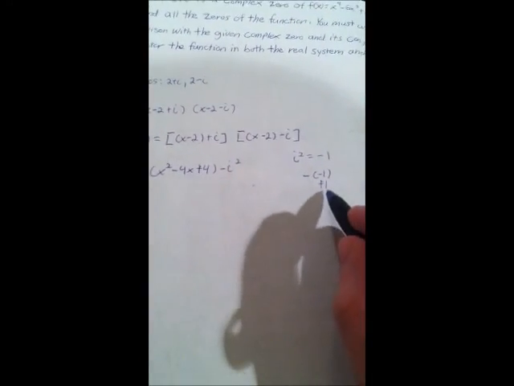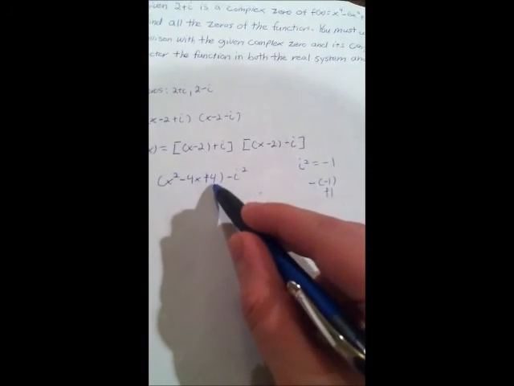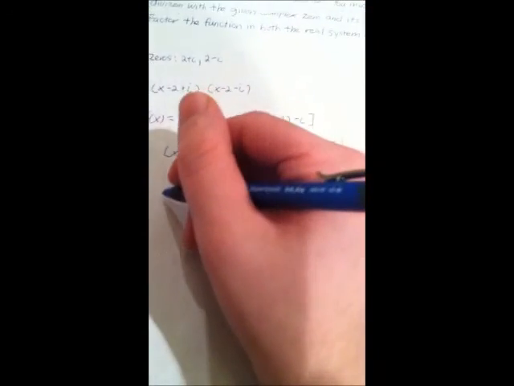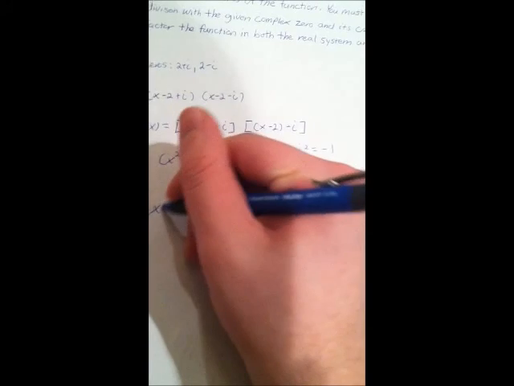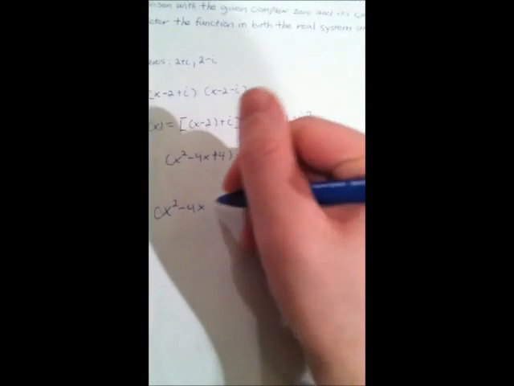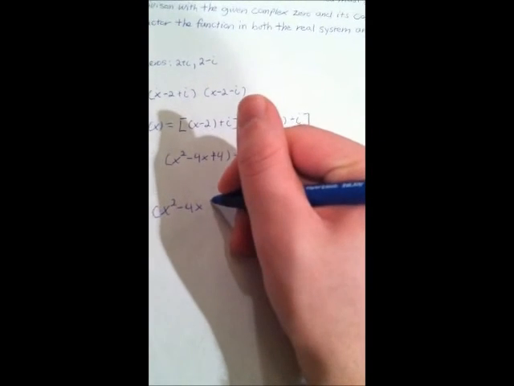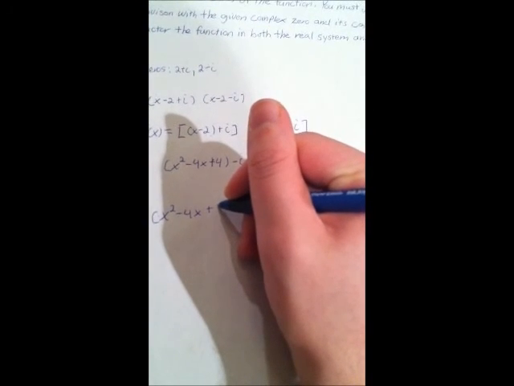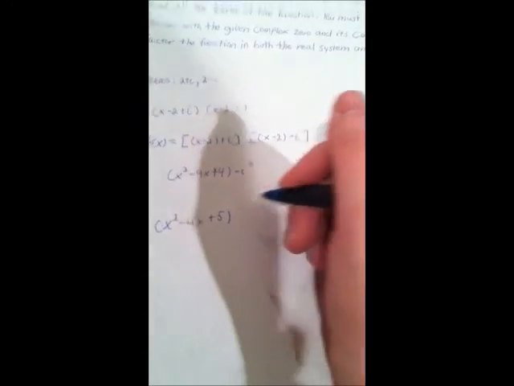All you do now is add this 1 to the last number, which is a 4. So we rewrite this as x squared minus 4x plus 5.